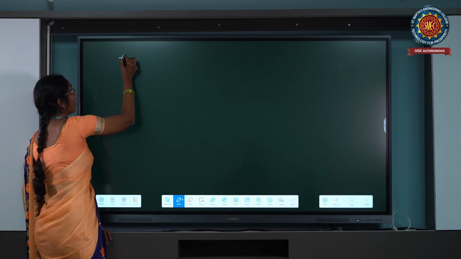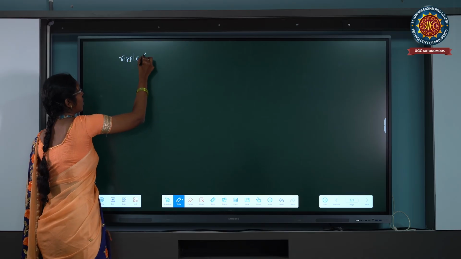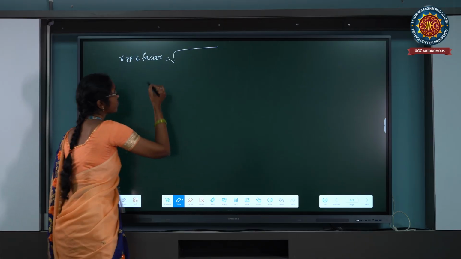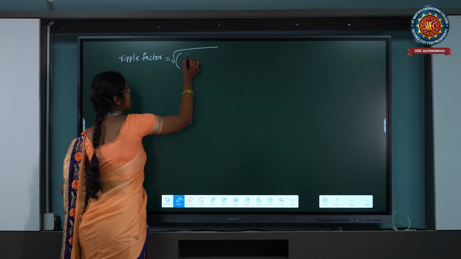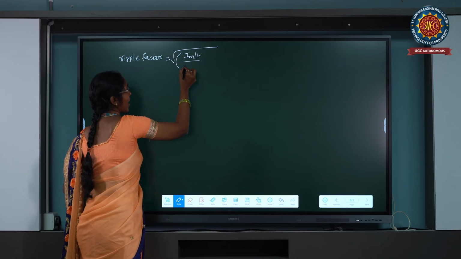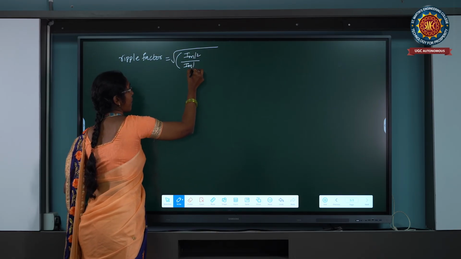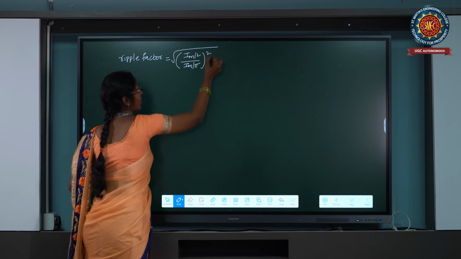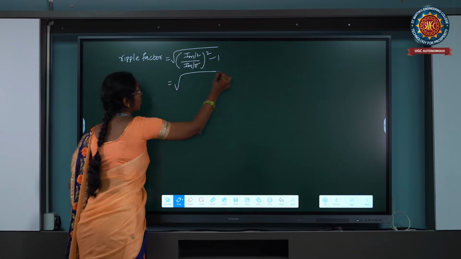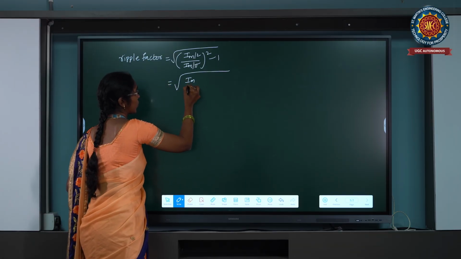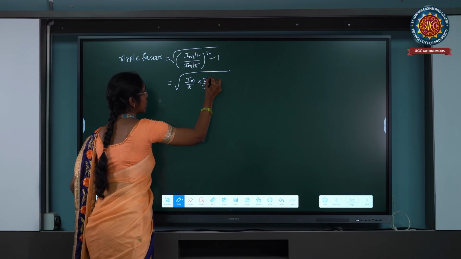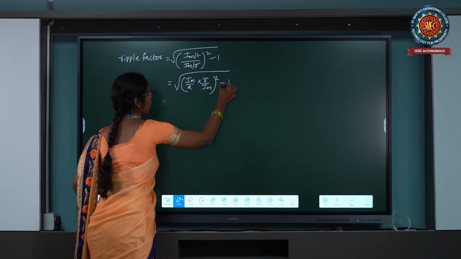Ripple factor is equal to root of IRMS, meaning Im by 2, by IDC, meaning Im by pi, whole square minus 1. That is equal to root of Im by 2 into pi by Im whole square minus 1.